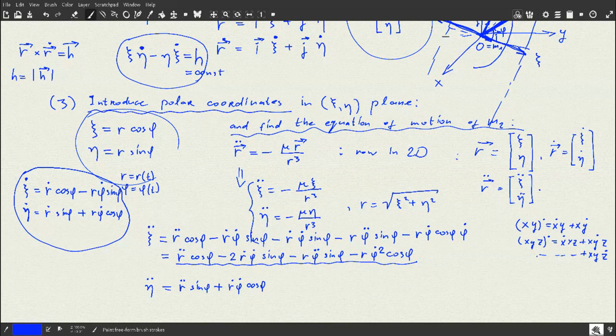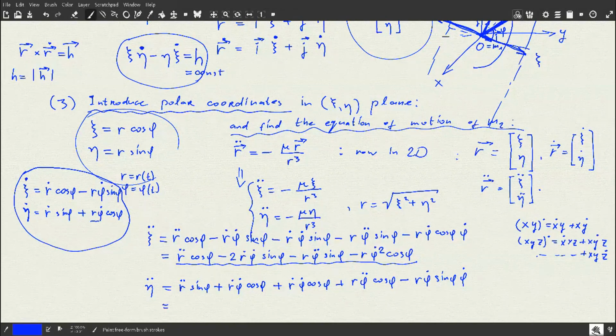So r double dot sine phi plus r dot phi dot cosine phi, plus r dot again phi dot cosine phi from the second term, plus r phi double dot cosine phi, minus, because cosine derivative would be minus sine, r phi dot sine phi phi dot.